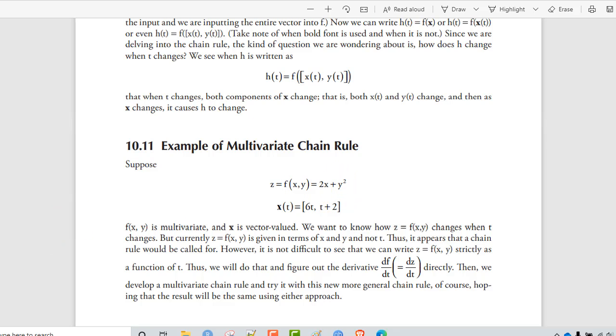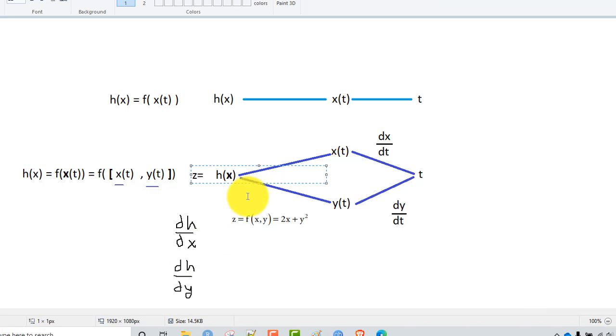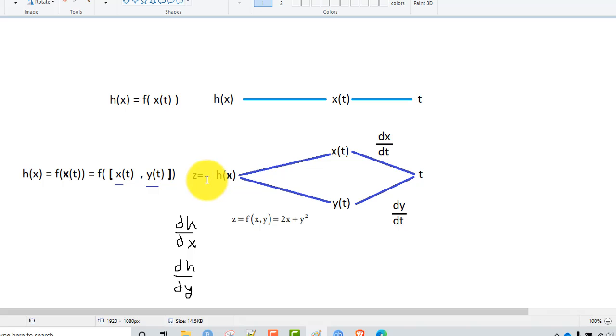Okay, so that is this situation. We called it h here, but maybe I should rename it z. So z here, z is a function of x and y. That's what we have here. So this is a function of this vector, which is really x and y.